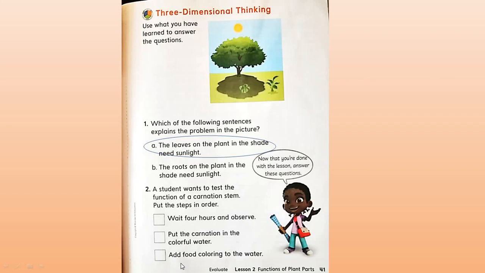The first step is to add food coloring to the water. Excellent, grade 1. And the second step is to put the carnation in the colorful water. And the last step is to wait 4 hours and observe. Excellent, grade 1. That's it.